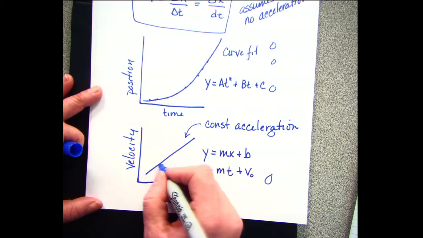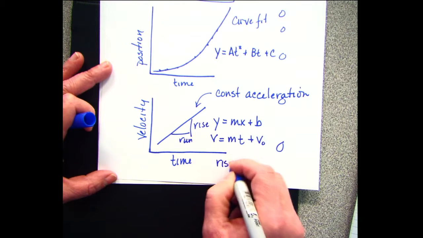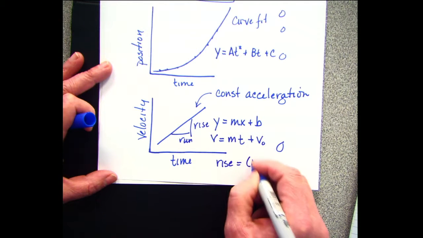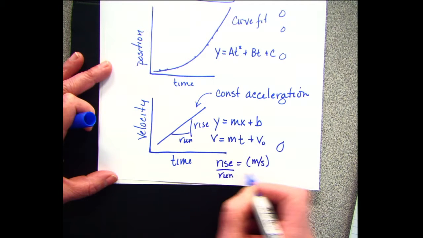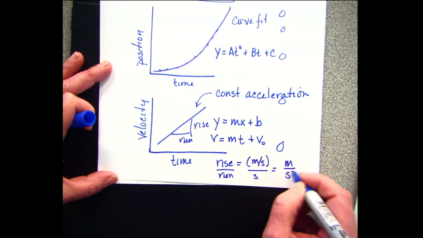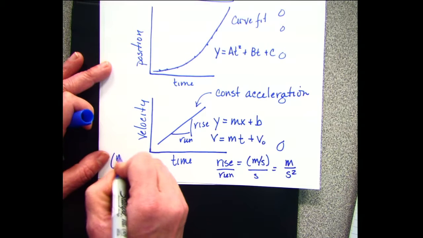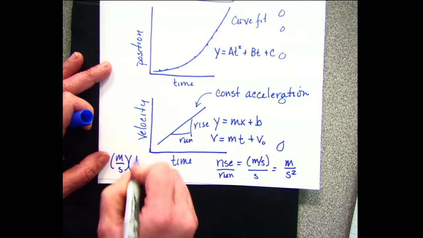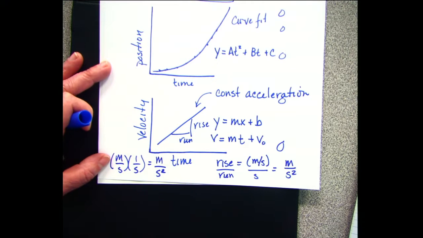And it turns out that if I look at my rise over my run, rise is going to be velocity, which is in meters per second. Run is going to be in seconds. So I end up with meters per second squared. Because remember, I have m over s, and I have 1 over s, and I end up with m over s squared.